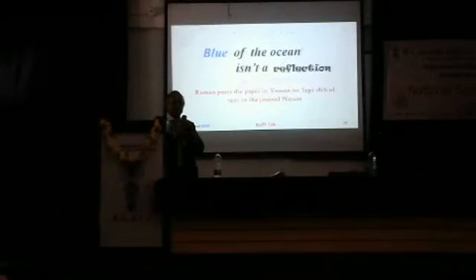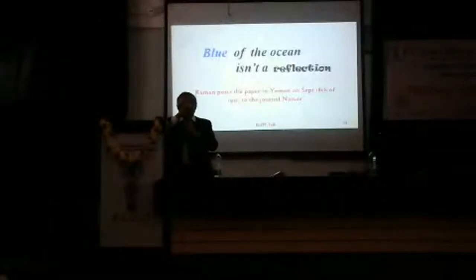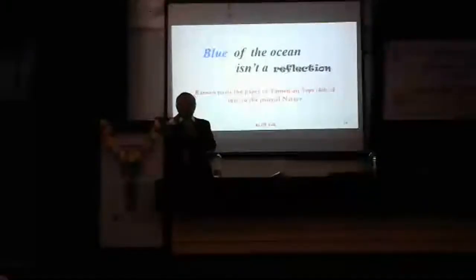When Raman did this, going on the deck, he made use of certain cardboard tubes and went on observing the reflected light from the surface of the ocean at around 37 degrees or so.